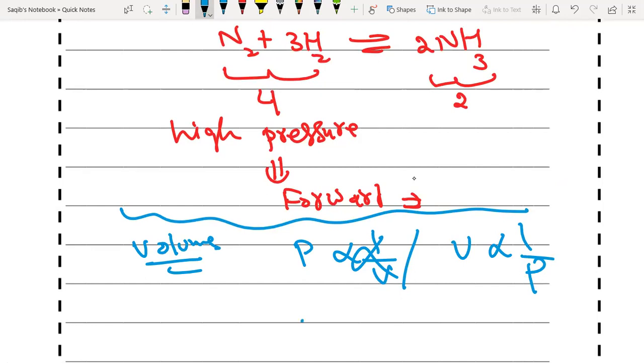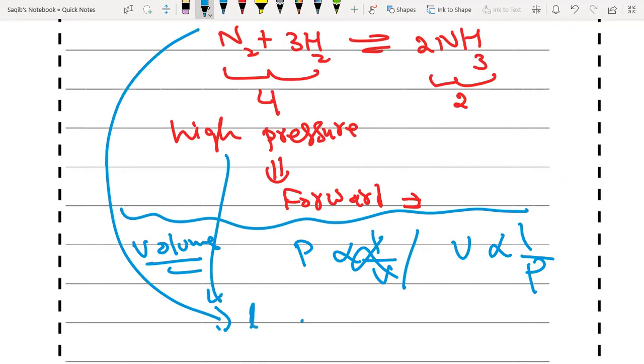So if a reaction moves forward on applying high pressure, remember that high pressure means low volume. Pressure and volume are opposite. So on applying low volume at equilibrium, the reaction will move forward.